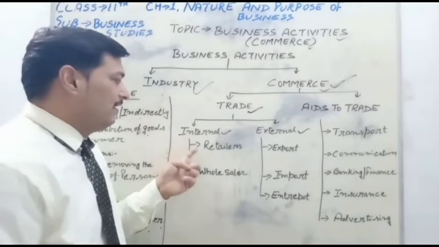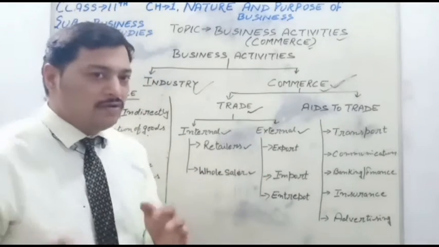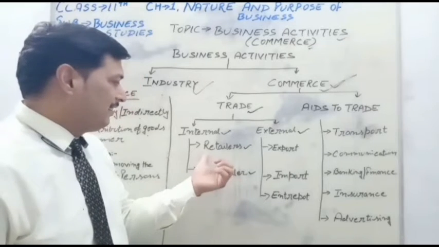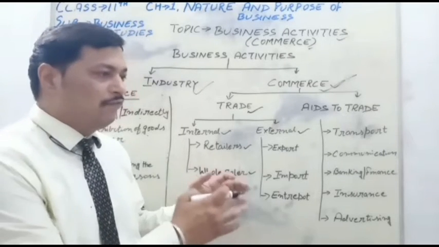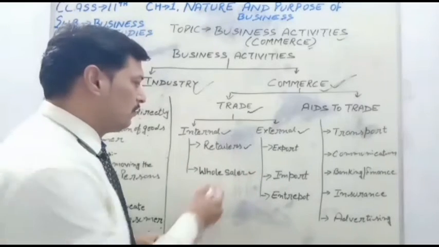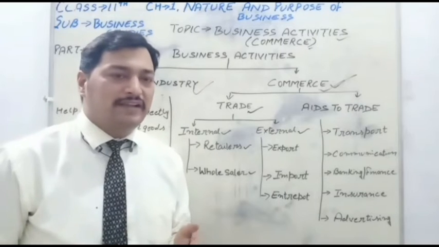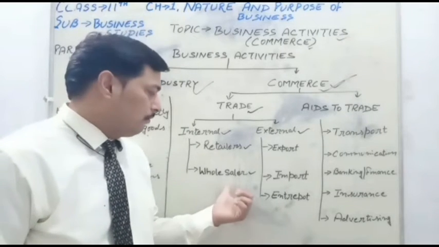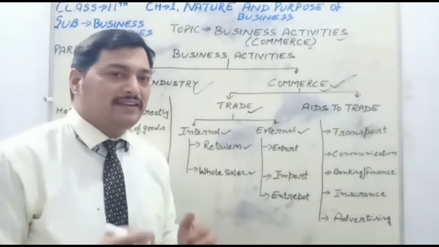Internal trade is categorized into two categories. First is retailers and second is wholesalers. You all know very well who is a retailer and who is a wholesaler, because you have heard these names in society and in your study syllabus. A retailer is a person who buys goods in small quantities from the wholesaler and sells directly to the ultimate consumer.